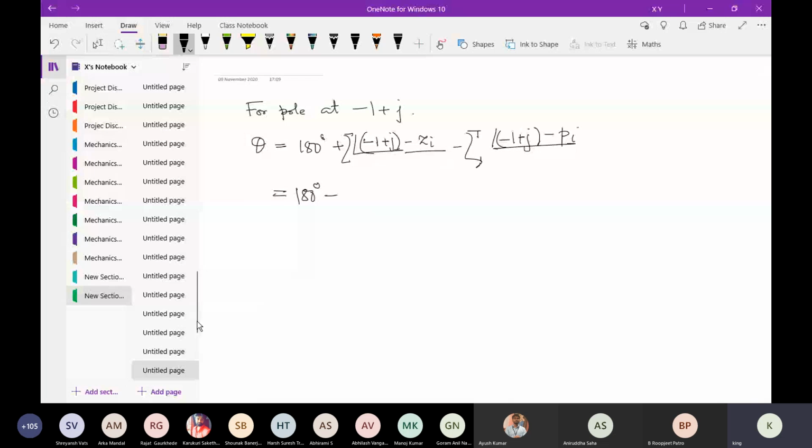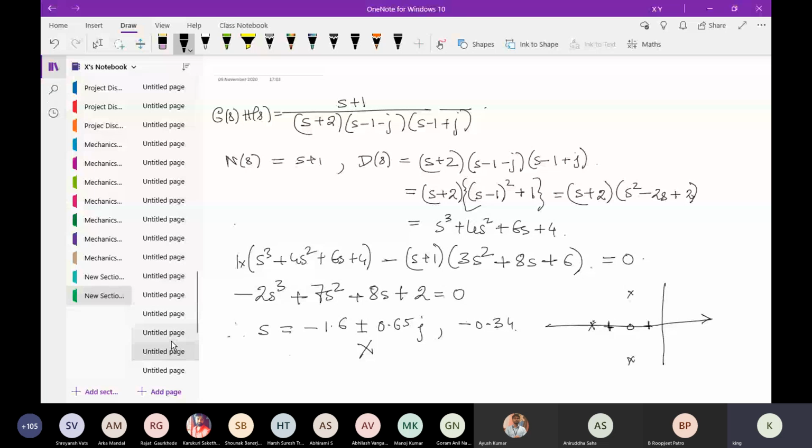So we have only one 0, and that 0 is at -1.